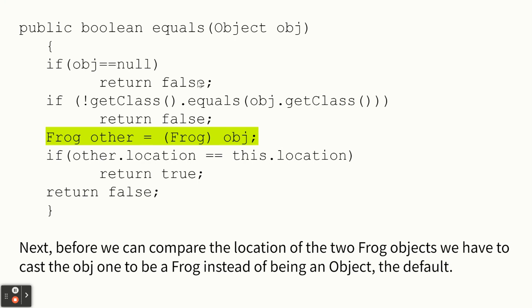But this OBJ, we know at this point it is a frog. So now we can start talking to it as a frog. In the first line, we don't know it's a frog. Is it null? If it is, bail. Are they both of the frog class? Those first two checks are fully legit with anything that got sent in, and nothing would crash. Then now we know it's a frog and it's not null. We cast it to be a frog, and now it's called other instead of OBJ.